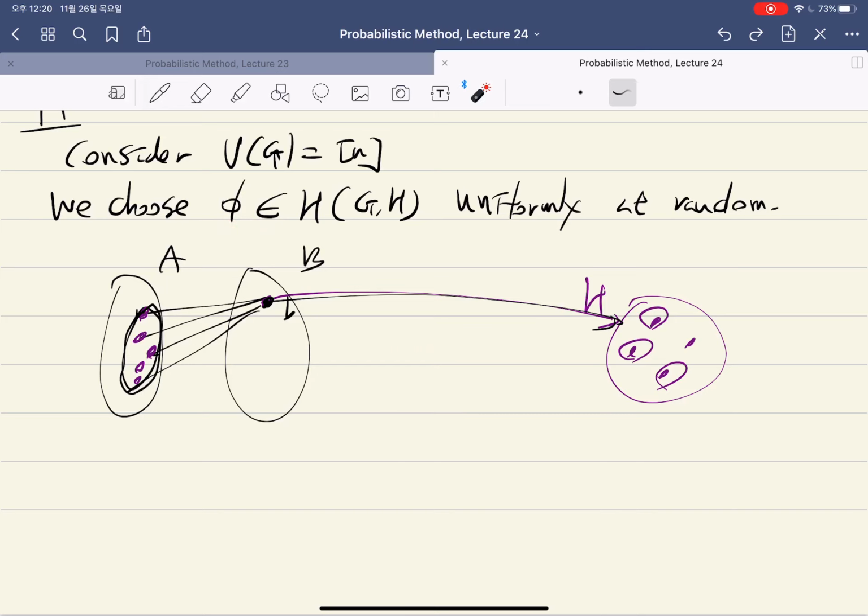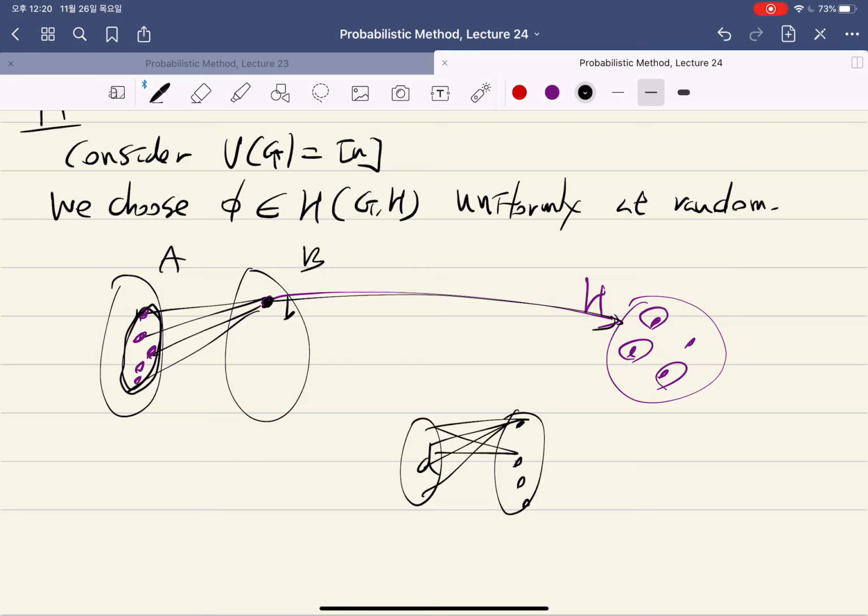Roughly, why K_{d,d} is the maximizer is that once you fix this, the choices of these are independent.